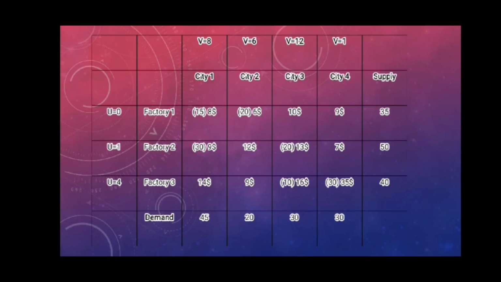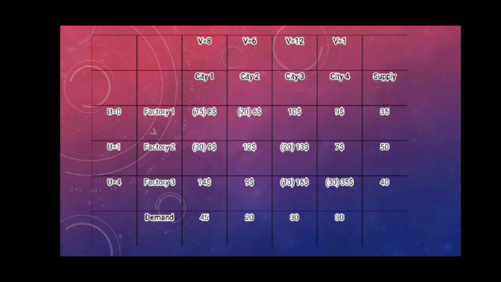Now we need to figure out the values for all of these u's and v's. To do that, we apply the following formula, Cij equals Ui plus Vj, where C is the unit shipping cost for row i and column j.